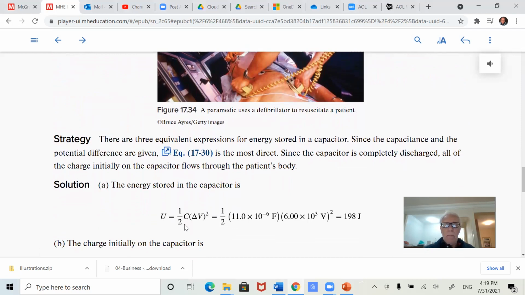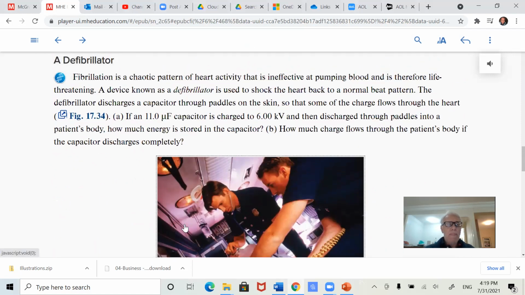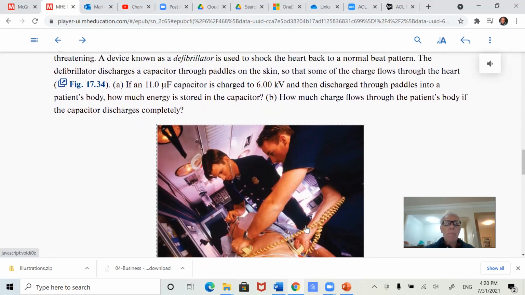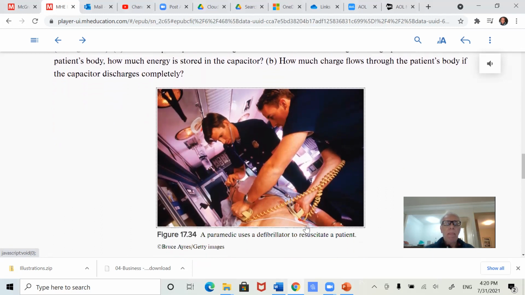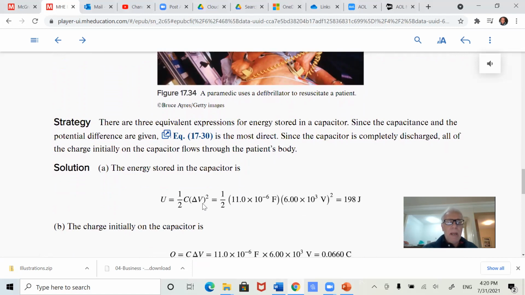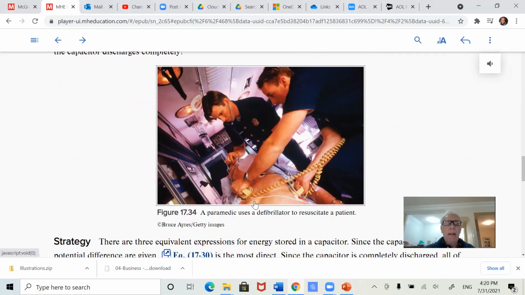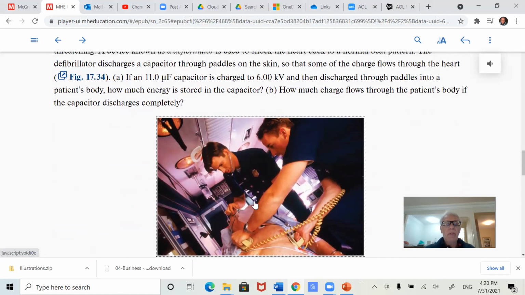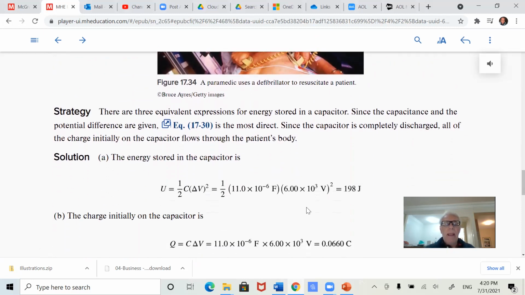By the way, he's not taking into account the dielectric constant of the human body. So we have 11 microfarad, 6,000 volts, and 198 joules.